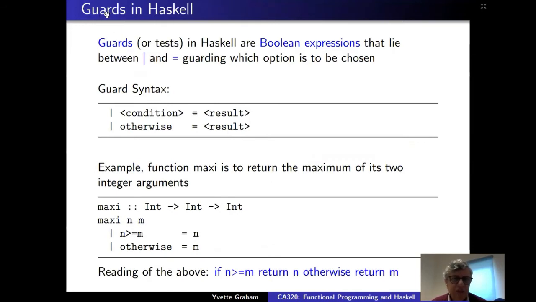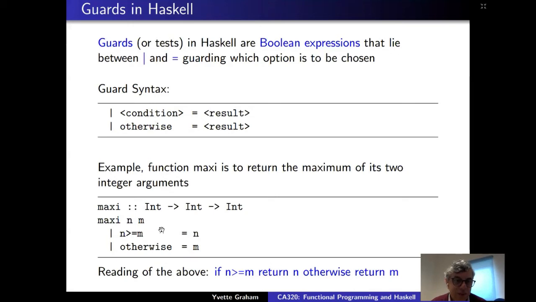We have another concept in Haskell which is called guards. Guards or tests in Haskell are very similar to switch case, or very similar to if else. They are Boolean expressions, very similar to if else, right? Okay, so the syntax is something like that.